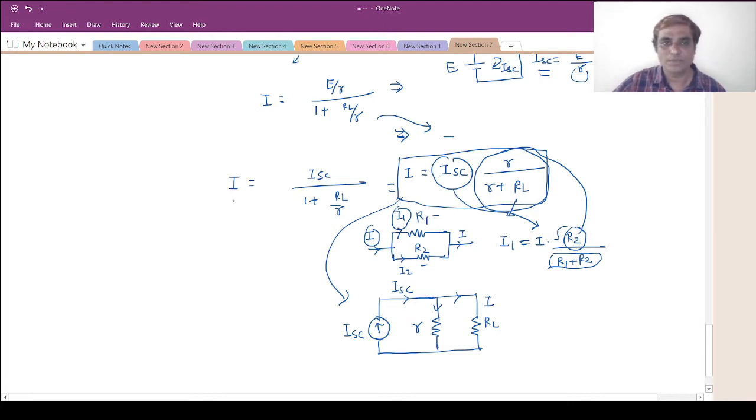Okay, which is the current to the load, which will be equal to total current ISC into opposite resistance divided by R plus RL. So that ISC we know can be generated from the current source. Whereas if R is the smaller, then what will happen?